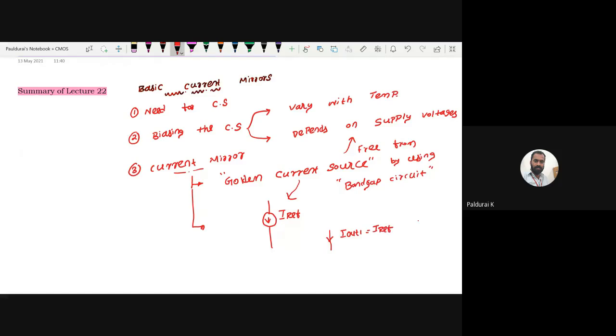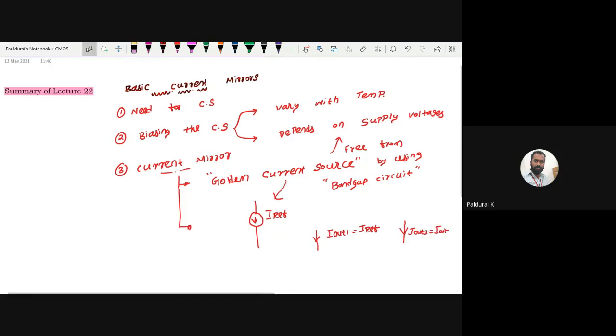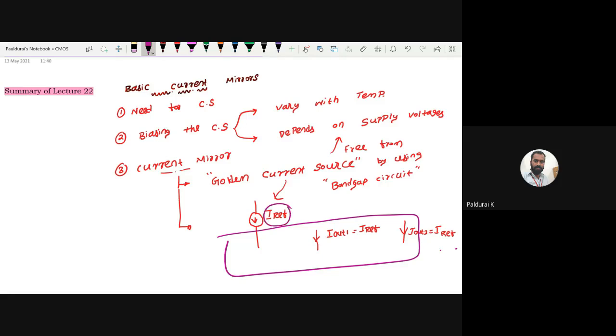At another time, let me take this as my I out two, which is nothing but I reference. Let me put it in a black box, and so on. So I want to copy, to mirror this I reference.